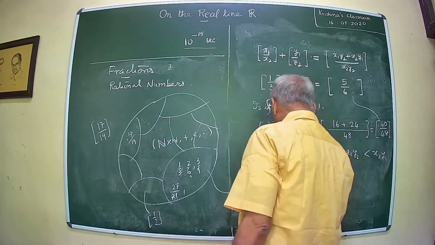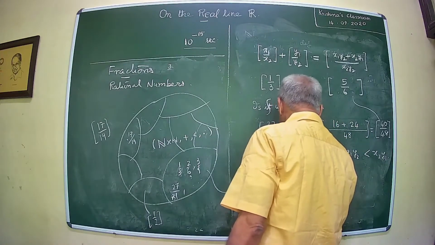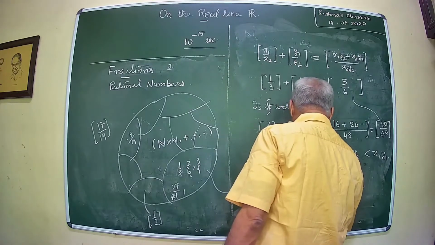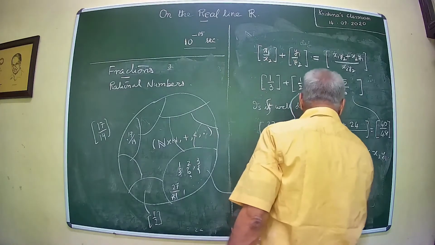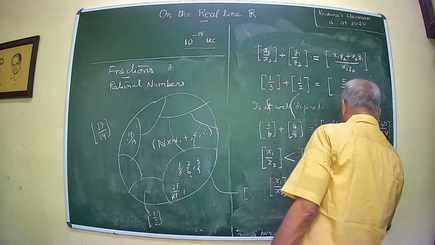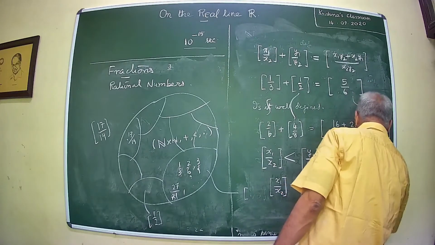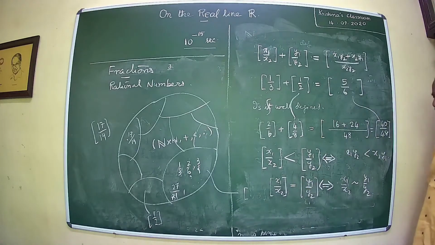and also we say that x1 by x2 is equal to y1 by y2 if and only if x1 by x2 is equivalent to y1 by y2. That's the definition.